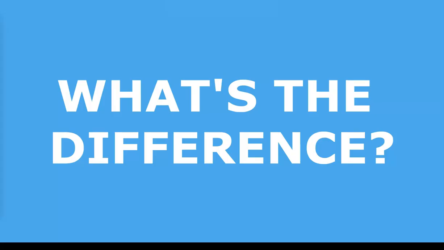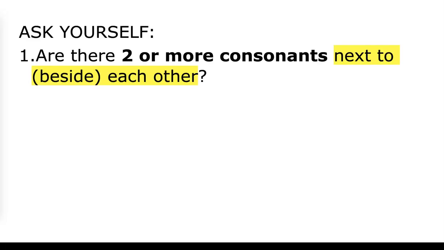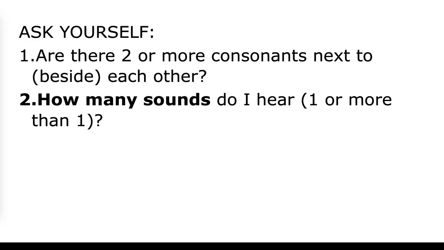So what's the difference? Ask yourself these questions. Are there 2 or more consonants next to each other? That's the first question you ask. How many sounds do I hear? Do I hear 1 or more than 1?